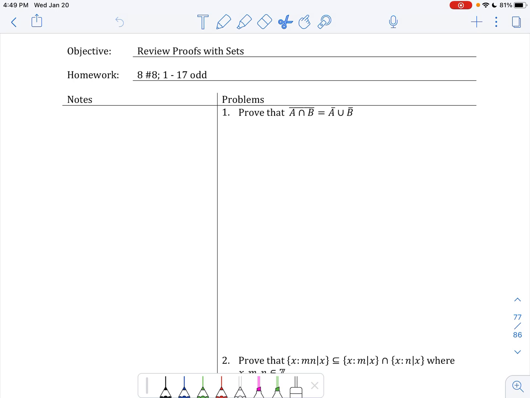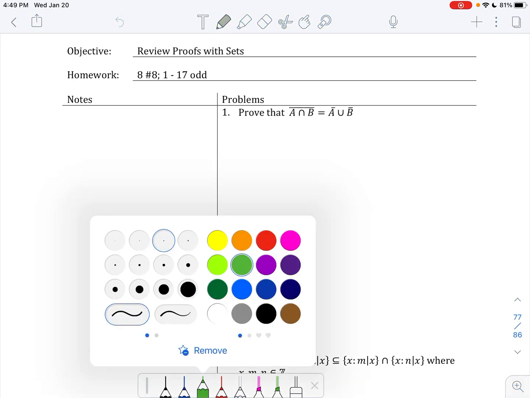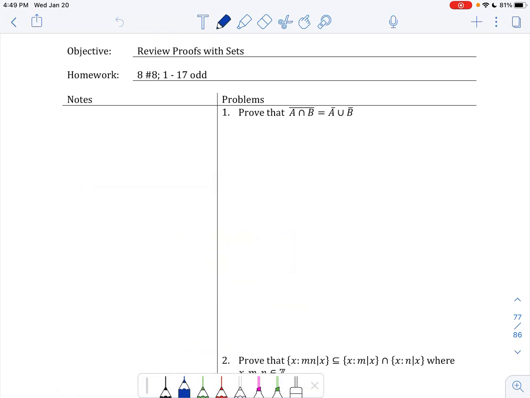A couple of things quick to review. Let's start with the symbols: we have our intersection and our union. Union means that it's in A or it's in B. Intersection is A and B, so it has to be in both sets to be in the intersection.